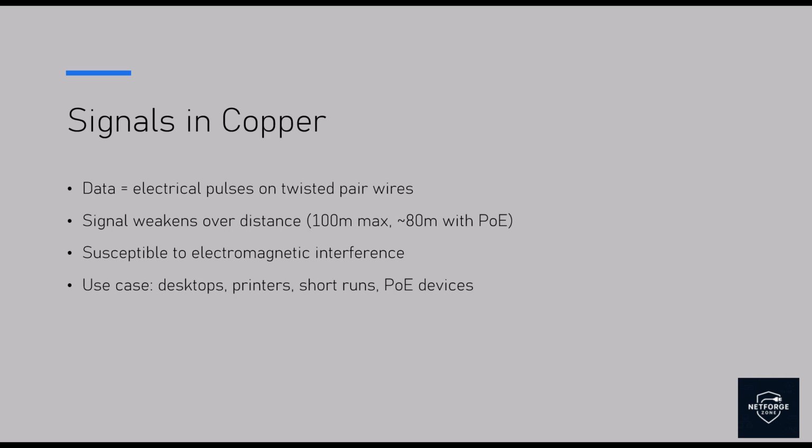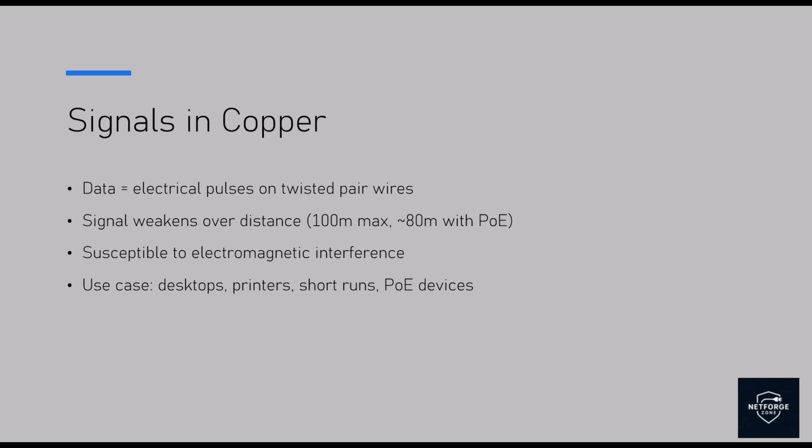But the problem with electrical signals is that you are susceptible to electromagnetic interference, specifically if you have some equipment near your cabling, such as electrical motors, fluorescent lights, or something like a fridge.